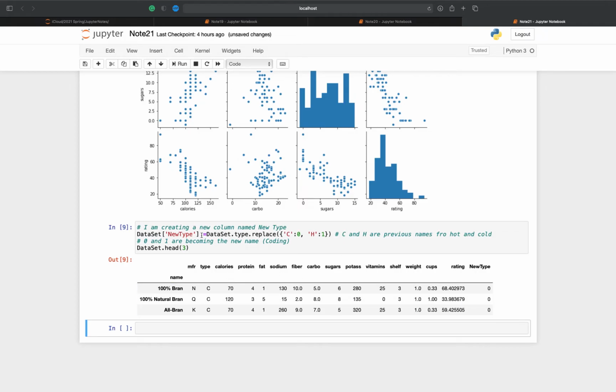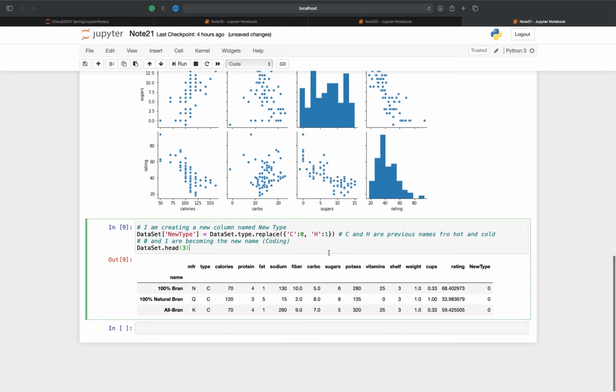We just created a new column and named it new type. In this new column, we have 0 and 1 instead of cold and hot. So this is the way you can create a new column and change the variable's values. For example, with rating, do you remember I chose above the mean of rating as high rating and below the mean of rating as low rating? You can try that too. Maybe this should be a participation point.